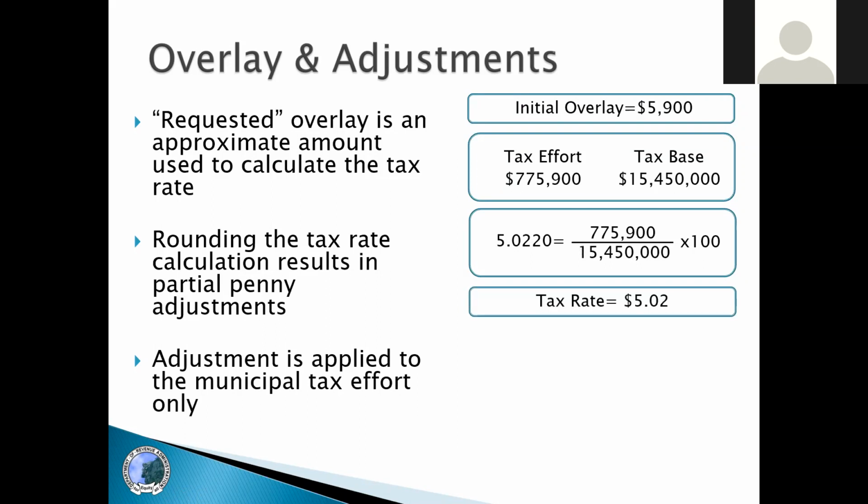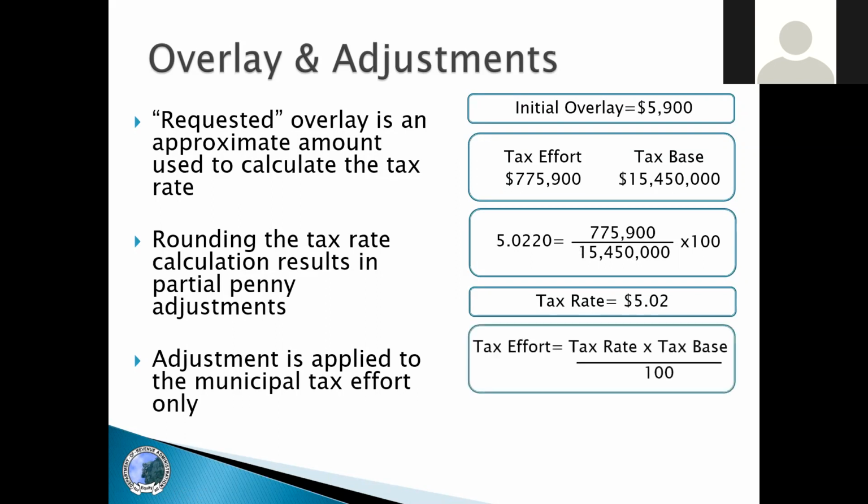And instead of solving for a tax rate, we're now going to solve for a tax effort. So we reverse the equation and say the tax effort equals the tax rate times the tax base divided by 100. If we solve for tax effort, we come up with a tax effort of $775,590 because of the rounding of the 5.02.